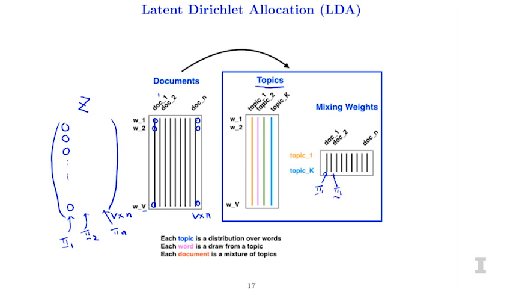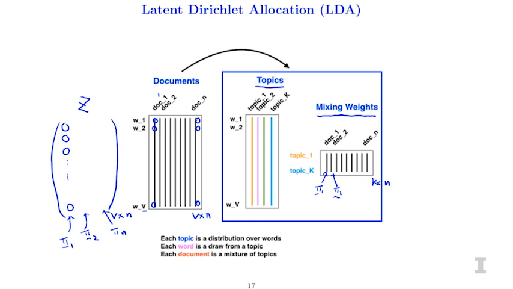So for a collection of documents, once we do our LDA analysis, it will output K topics. Each topic represents a distribution over words. And in addition, we're going to have this mixing weights matrix. It is K by N. And each column represents the mixing weight over the K topics for each of the documents.